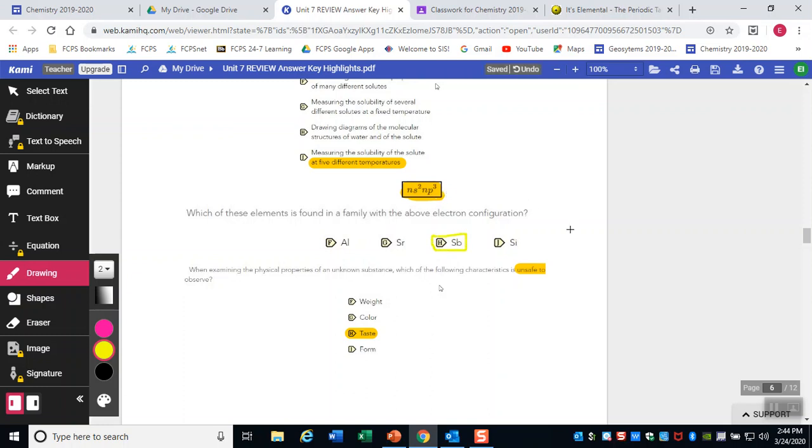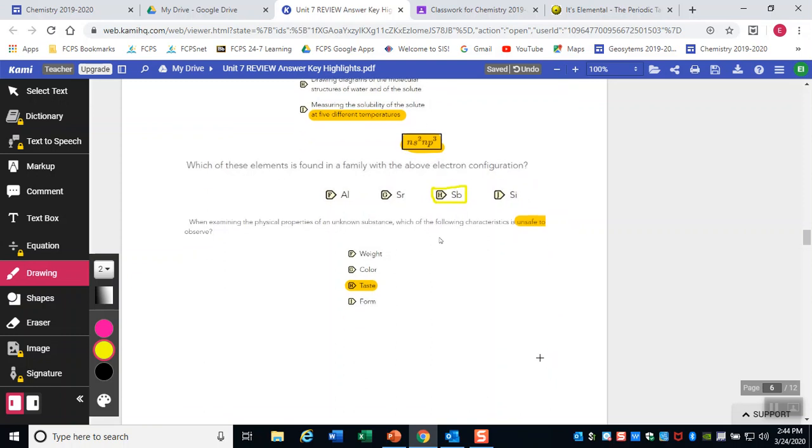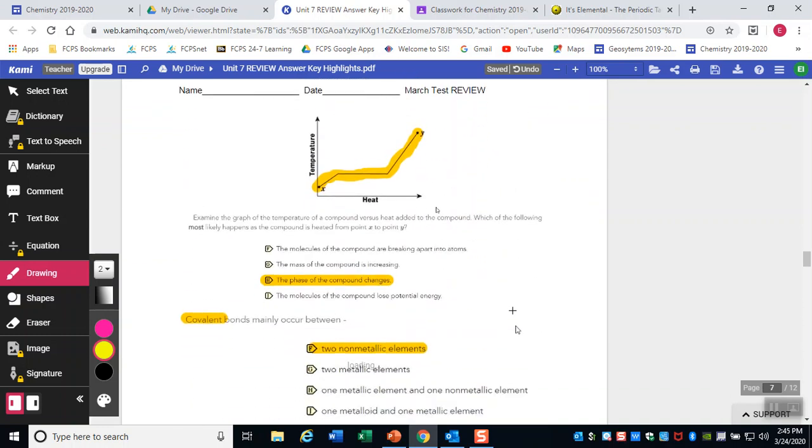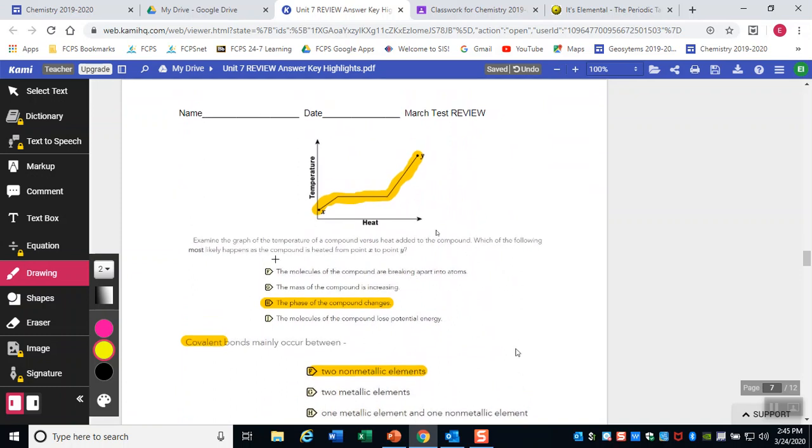All right. When examining the physical properties of an unknown substance, which is unsafe to observe? Taste, right? We never taste anything in the lab. And examine the graph of the temperature of a compound versus heat added to the compound. So here's the temperature of the compound, here's the heat added. What is happening as it's heated from X to Y? So as we're heating it, it is changing phases.